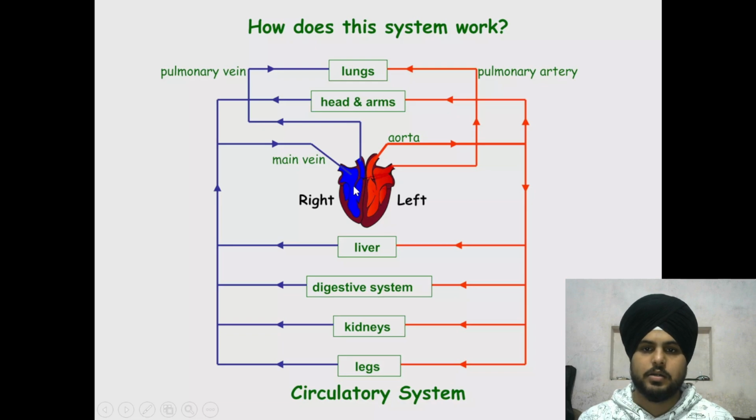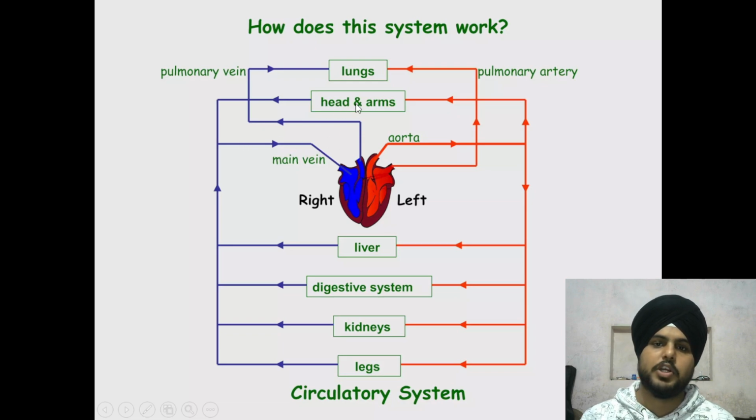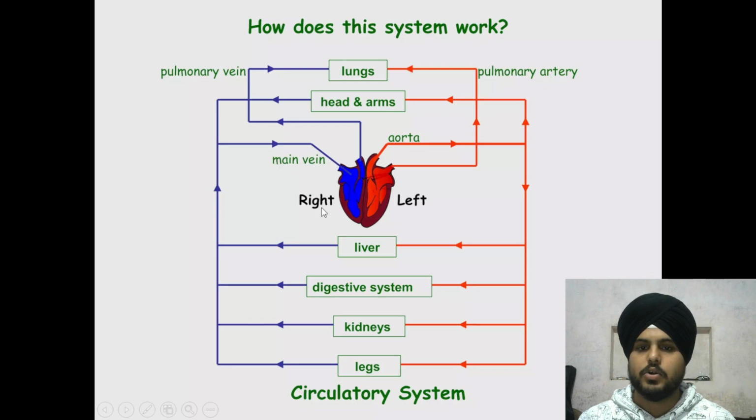The blood is pumped throughout the body to the head and arms, to the liver, to the digestive system, to the kidneys and legs. Oxygenated blood goes and deoxygenated blood comes back to the heart, where it is again pumped to the lungs. The lungs purify it, converting deoxygenated blood to oxygenated blood, and then that blood is sent to the heart to pump the oxygenated blood to the whole body.